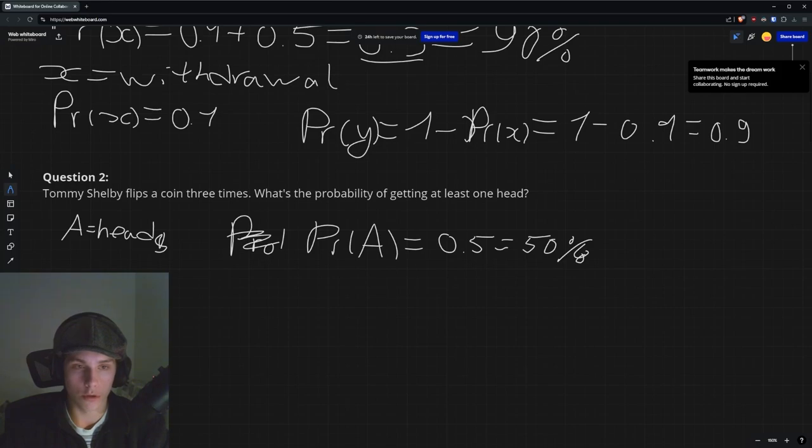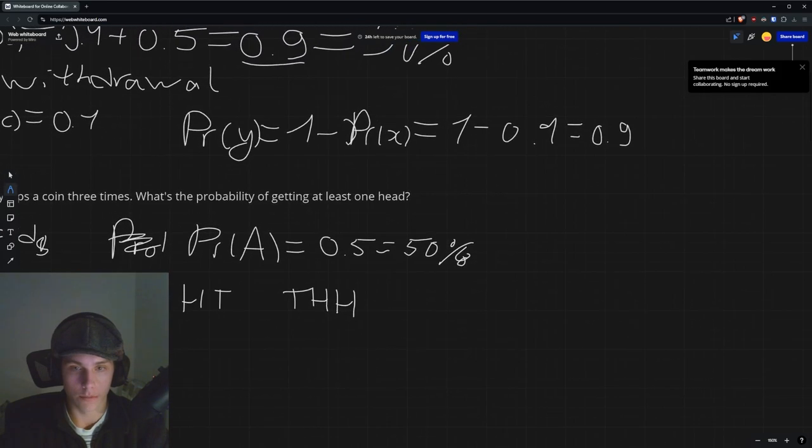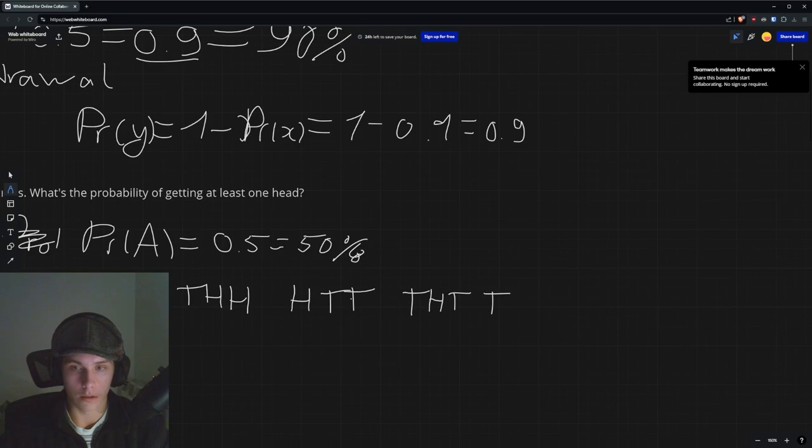What are the possible options of a coin flip 3 times? So it's either heads, heads, heads; heads, heads, tails; heads, tails, heads; heads, tails, tails; tails, heads, heads; tails, heads, tails; and tails, tails, heads.